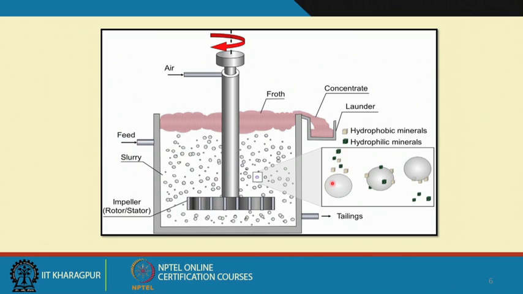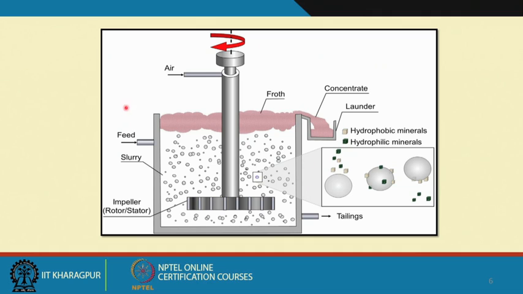So, when the bubbles are forming, particles are getting adhered to their surfaces. Now, the bubble has to rise from here to here, so there is some time. Within that time, the hydrophilic particles, or hydrophilic minerals, will get dislodged from the bubble surfaces.